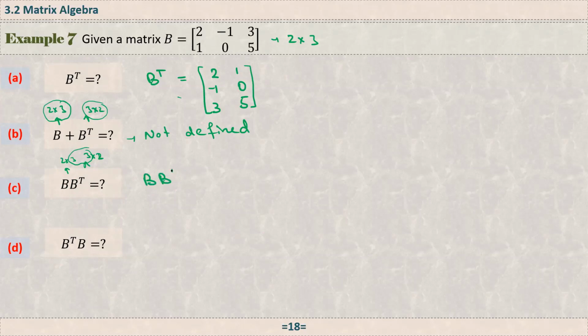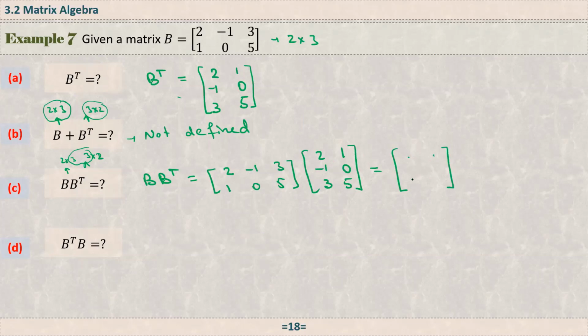B times B transpose: what is B? B is 2, -1, and 3, and 1, 0, 5. And B transpose is 2, -1, and 3 as a column, and here we have 1, here we have 0, and here we have 5. Okay, and I know that I'm going to get a 2 by 2 matrix here.